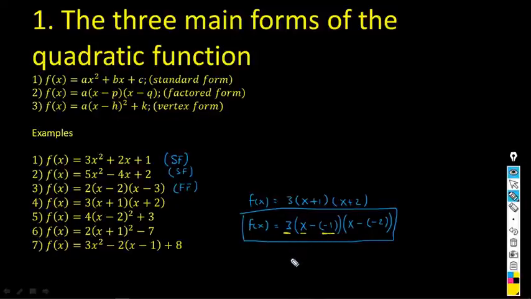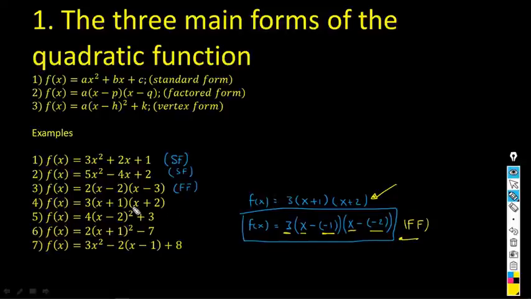That's it, guys. And the same for the other binomial: x minus some number, which happens to be minus 2. So this is perfectly in the factor form. This one wasn't. It was almost in that form, but now this is.